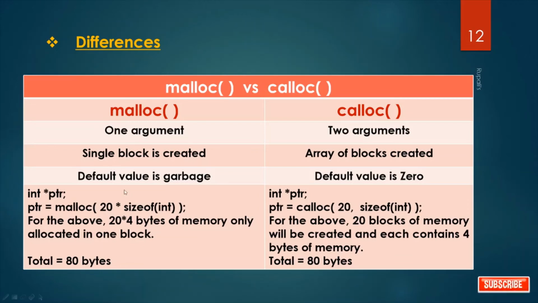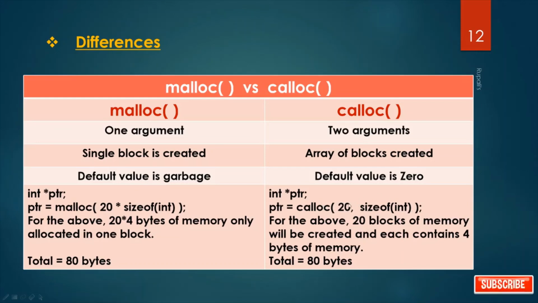In case of malloc the syntax is malloc 20 into sizeof int, means here 20 into 4, 80 bytes are allocated at the time of run, and the starting block address or base address of the allocated bytes is stored in ptr. But in case of calloc you have to write calloc 20 comma sizeof int.